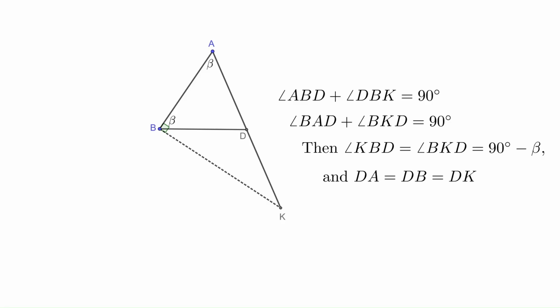It can be easily proved that the angles DBK and DKB are congruent with measure 90 degrees minus beta. Therefore, triangle DBK is also isosceles with DB equals DK. That means DA, DB, and DK are all congruent. In other words, D is the midpoint of AK.